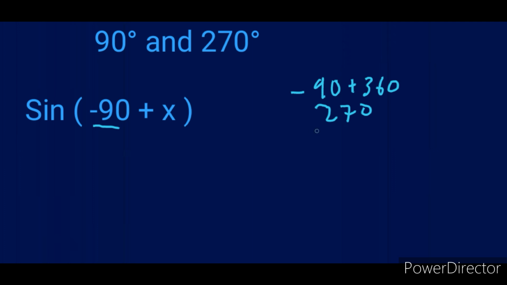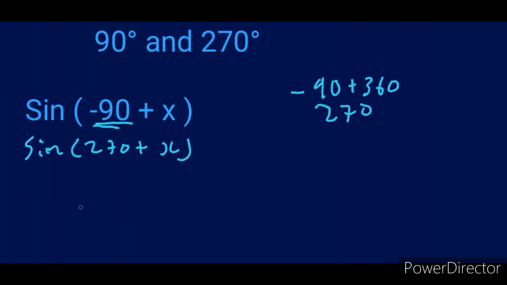So in this case, this angle is positive and it is less than 360. We want an angle that is less or equals to 360. So therefore we can put it in place of negative 90. So therefore we're going to say sine 270 plus x.